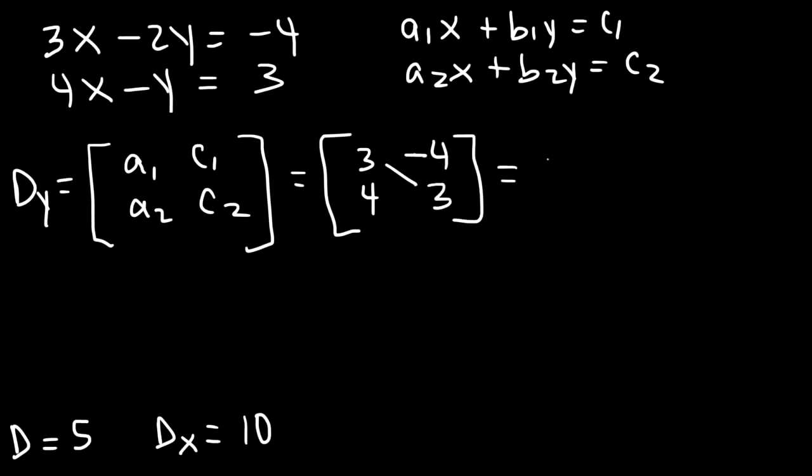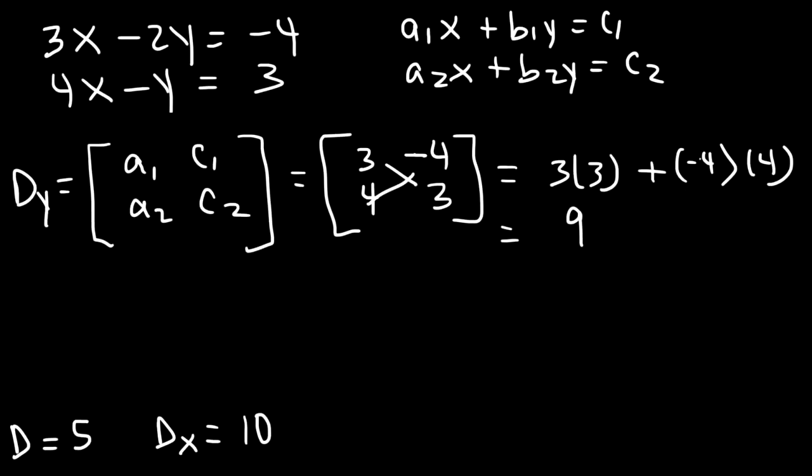So it's going to be 3 times 3, well, let me write it out first. And then minus negative 4 times 4. So 3 times 3 is 9. And then 4 times 4 is 16. 9 plus 16 is 25. So dy is equal to 25.